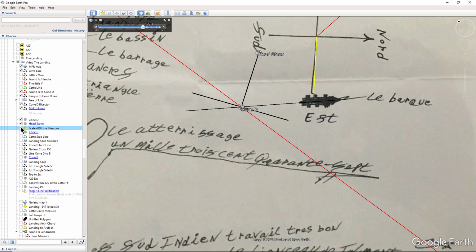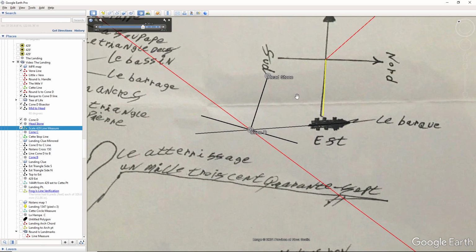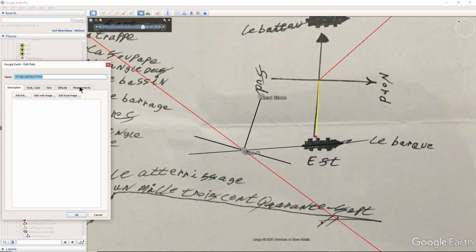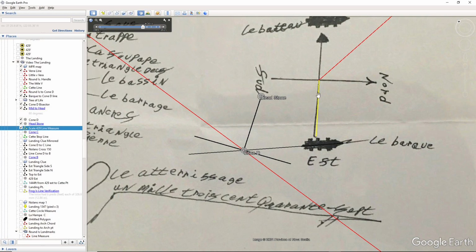It's 429 feet, or 400 pied, according to pre 1668 French units of measure. This is where the distance comes in. And if I show you this, it has already been set to 429 feet. So the scale of this map, or this document, is already set. And this is where we get the scale distance for this map.